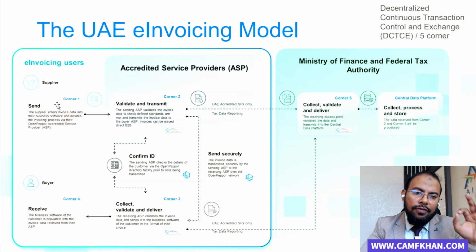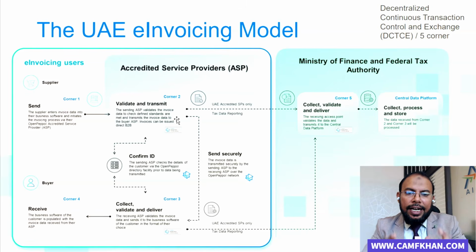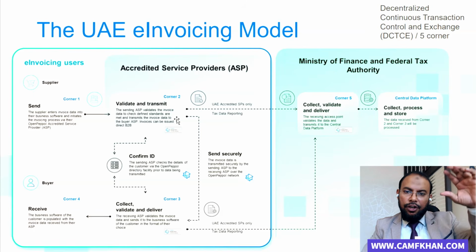All data and information is first provided by the supplier, and this will be validated and transmitted in the Peppol network. Do you know what the Peppol network is? The Peppol network is a secured network. On that basis, your ASP will provide data to the buyer's ASP. That means if you are a businessman, you have to select your ASP from the list provided by the FTA.